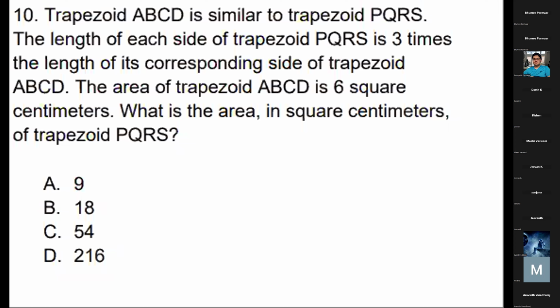You will be provided a formula sheet on the SAT at the beginning of the math section. Let me pull it up really quick. Instead of typing in, you can always unmute yourself and ask. That's fine.